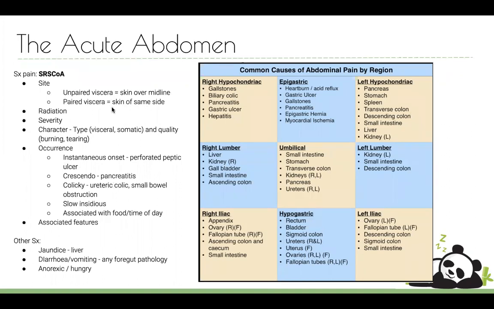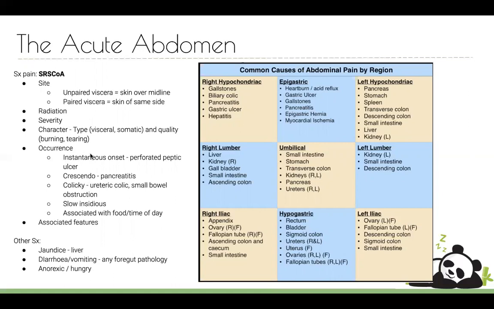And if it's unpaired, so something like the liver, for example, it's often affecting or giving you pain over the midline. You'll have to ask where it radiates, how severe it is, the character. So is it visceral, which is usually dull, not too bad, or is it somatic, which is a lot more severe, for example, and it's localized.